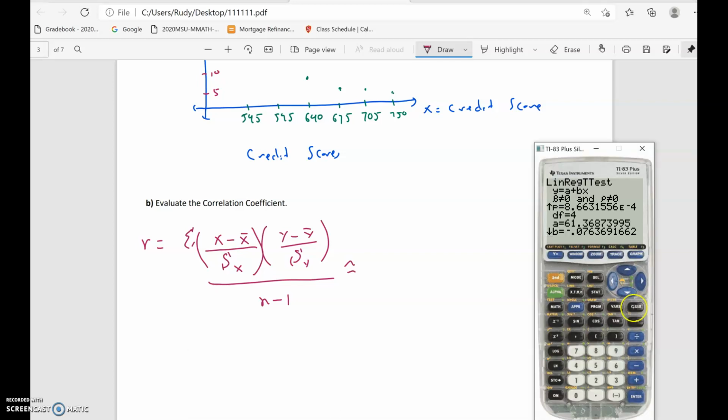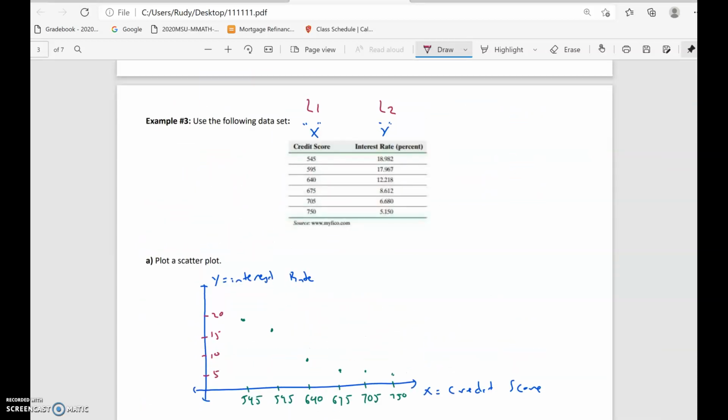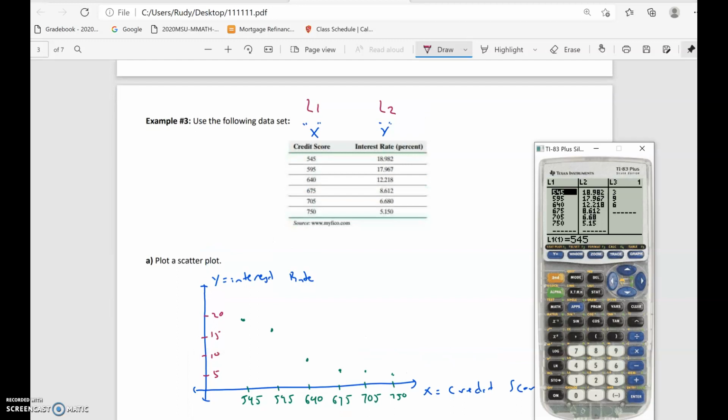Now, what I need you to do is enter the data set. In this case, I already entered them in advance. Make sure you put all the values from your x's as your L1 and your y's as your L2. Be careful with the typos. I don't see any typos, so I think we're ready to go.